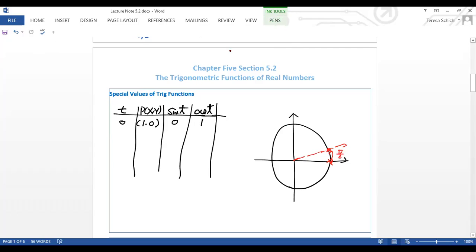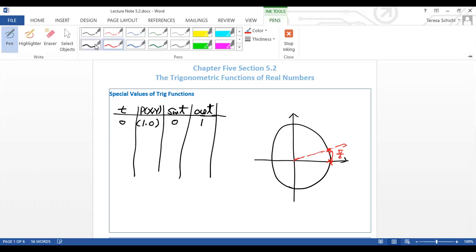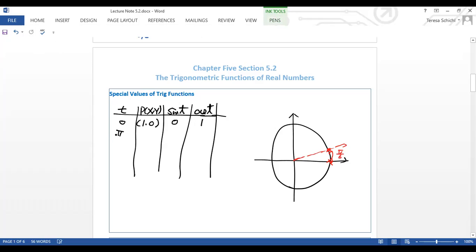So I have a pi over 6 here. I travel the distance pi over 6. The terminal point for pi over 6 will be square root of 3 over 2 and 1/2. Then sine t is 1/2, and cosine t is square root of 3 over 2.